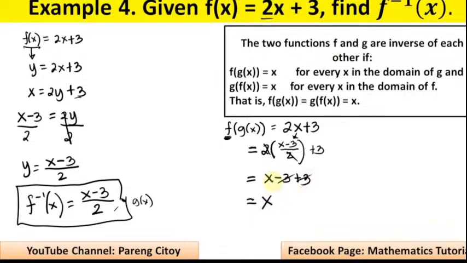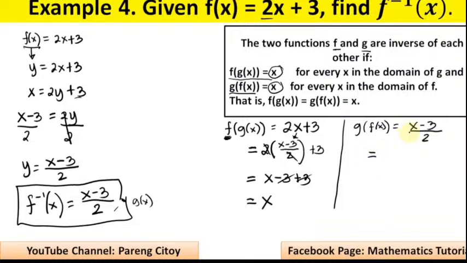So tingnan natin, if the two functions f and g are inverse of each other, ito magiging equals to x, how about this one, magiging x ba? So we have g of f of x equals, ang value ng g of x, that is the inverse of the given function, x minus 3 over 2.